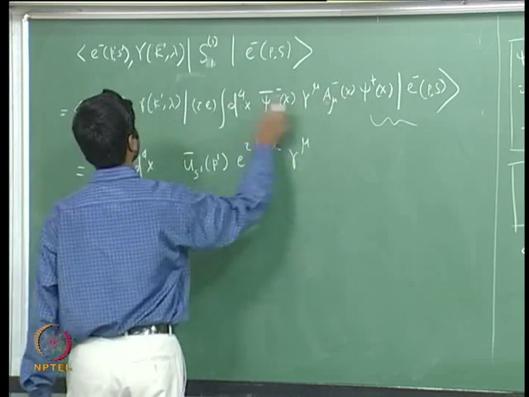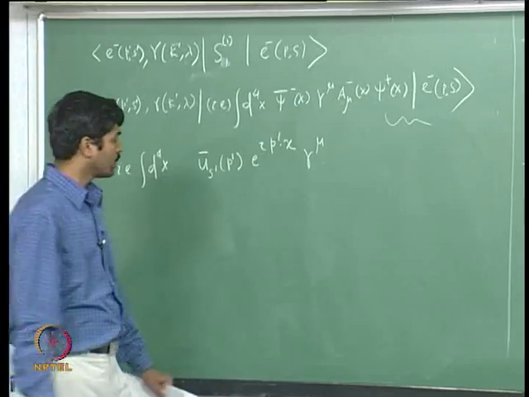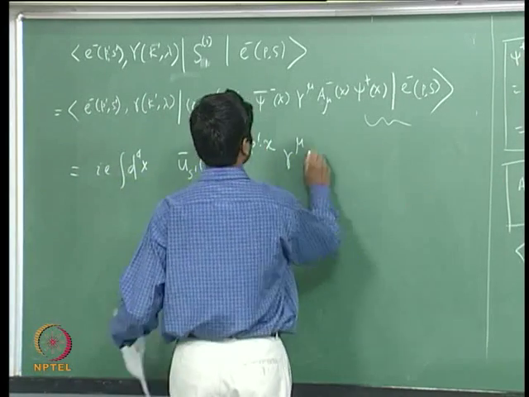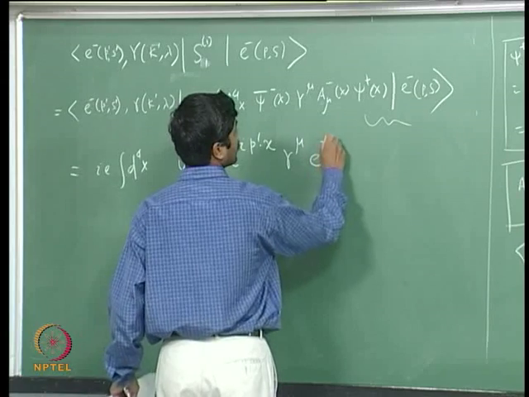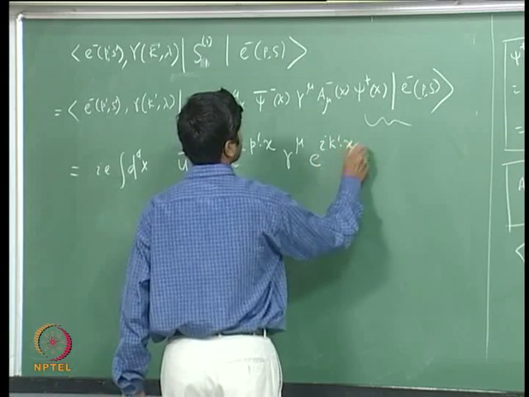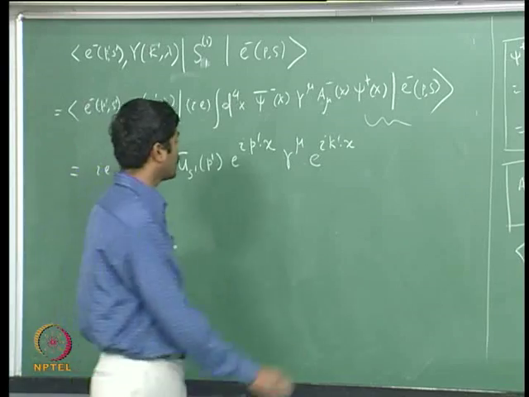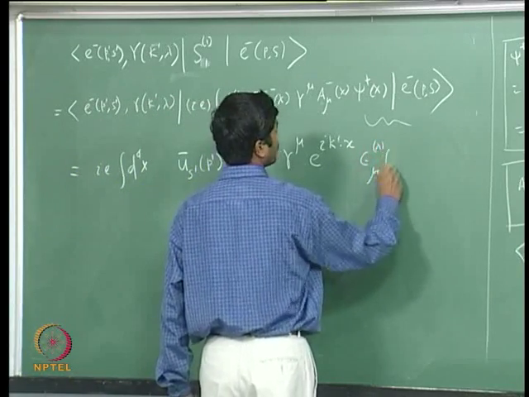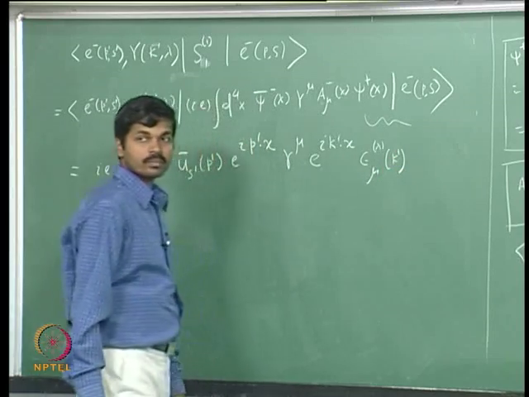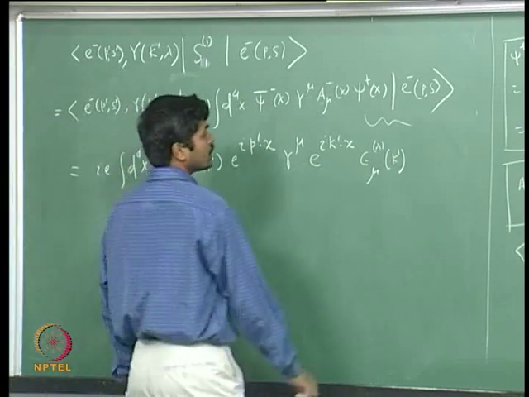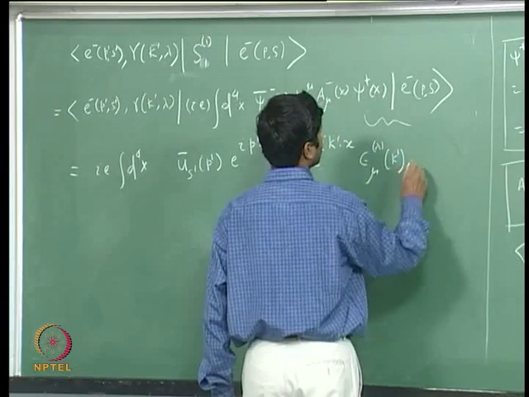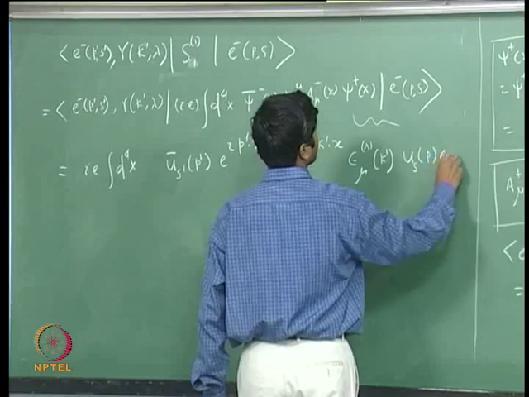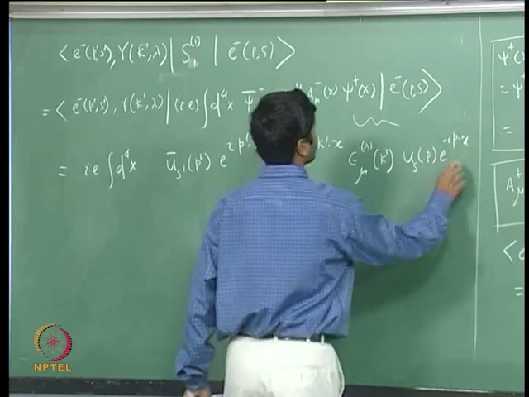Then when A mu minus acts on this, what I have is e to the power i k prime dot x and epsilon mu lambda k prime, and then this one is just u s of p e to the power minus i p dot x.